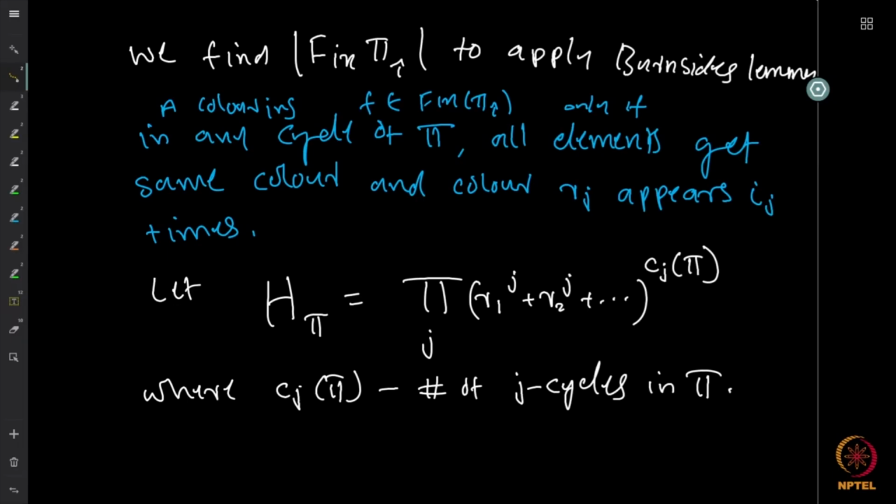Otherwise, when you rotate it, it is going to give a different color. And of course, the color Rj must appear exactly ij times, because by definition, the action of pi on C i cap is going to basically map a set of vertices with the same color to some other set of vertices, exactly the same number.